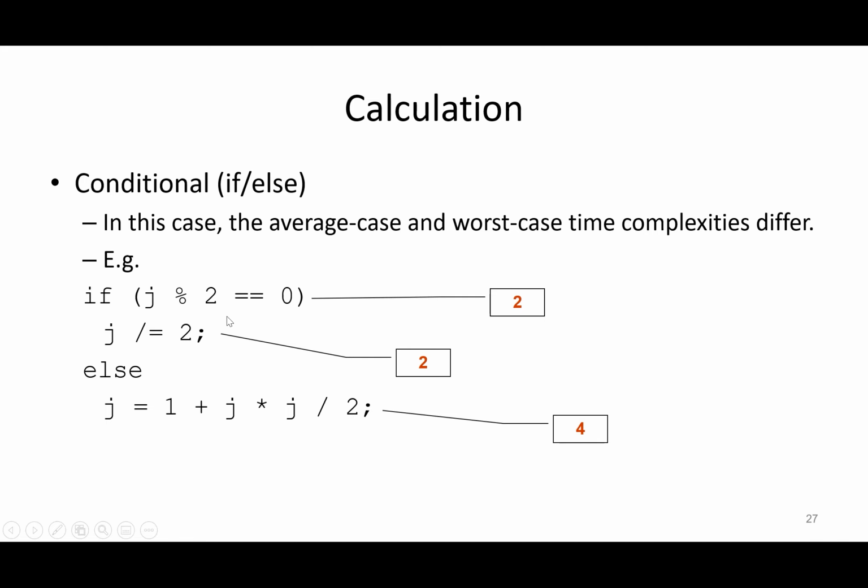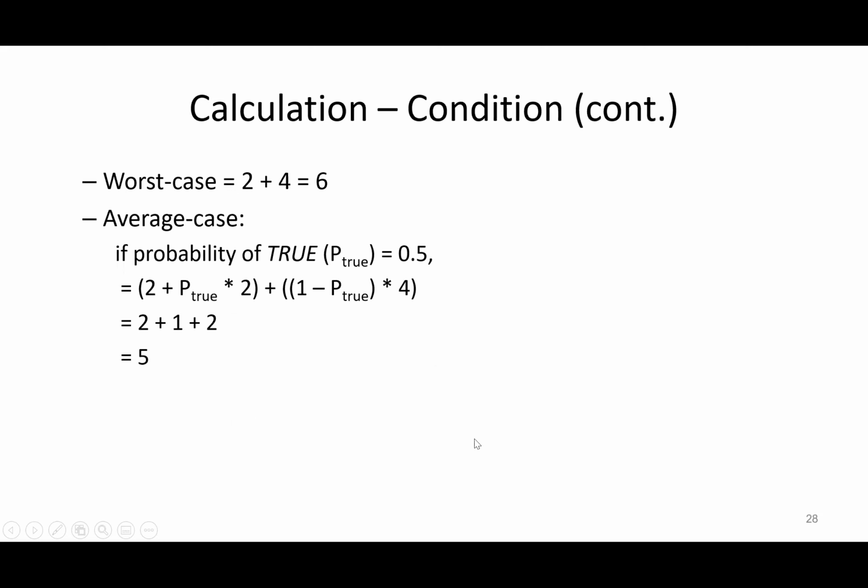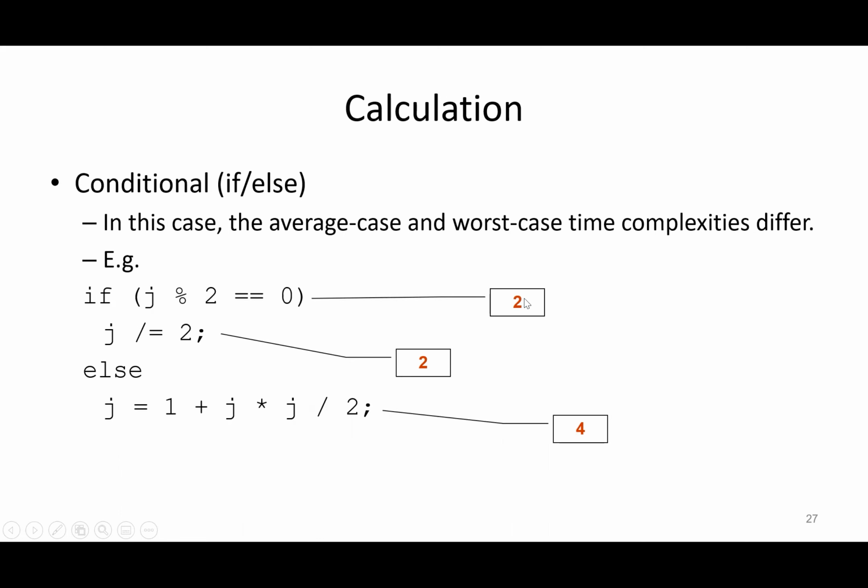If you encounter the true part, it requires 2. If you execute the false part, it requires 4. So 2 plus 2 is only 4, and 2 plus 4 is 6. So your worst case scenario is 2 plus 4, which is 6. Your best case is 2 plus 2, when you encounter the true statement: 2 plus 2, only 4.